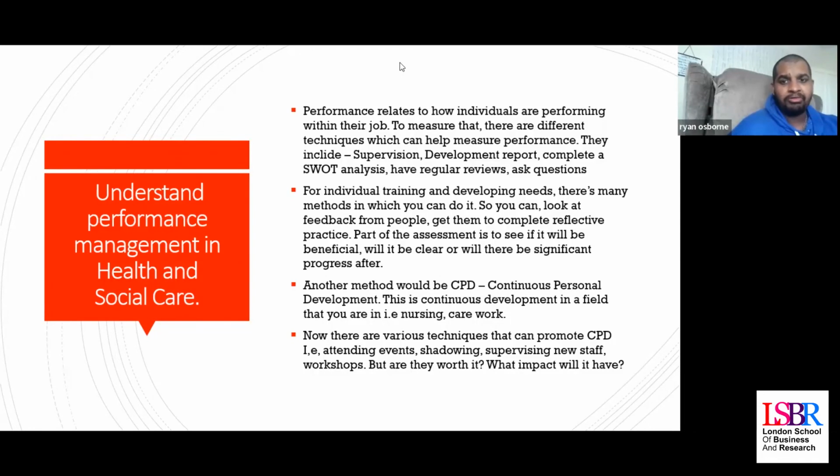Development report. Nine times out of ten, after you have done your supervision, or they have watched you do your job, this is when you will be able to see their reports. The reports may form part of your developmental report.